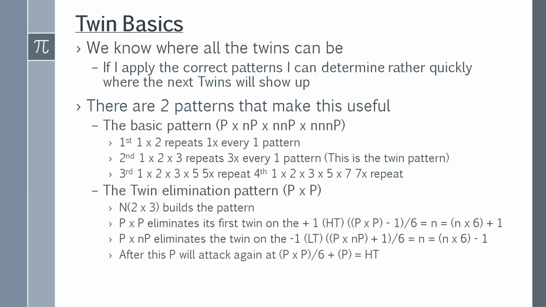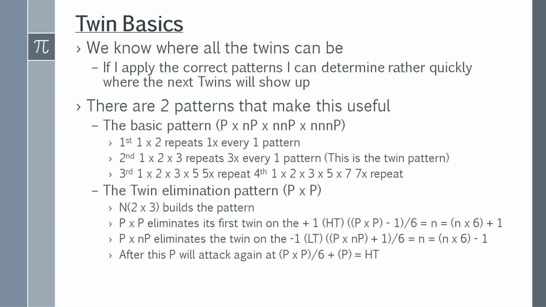After the initial 2, you're going to have that prime eliminating the same location. So prime times prime divided by 6, add the prime number, gives you the next high-side twin that it's going to eliminate.